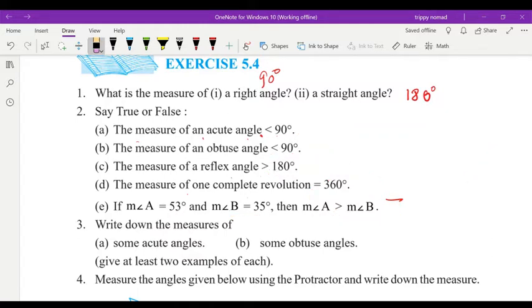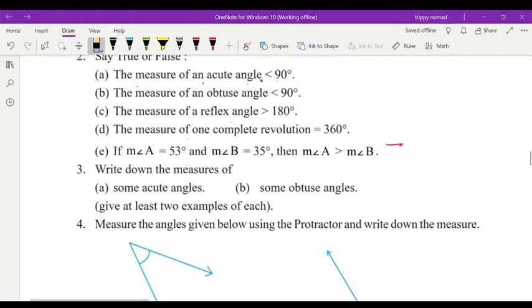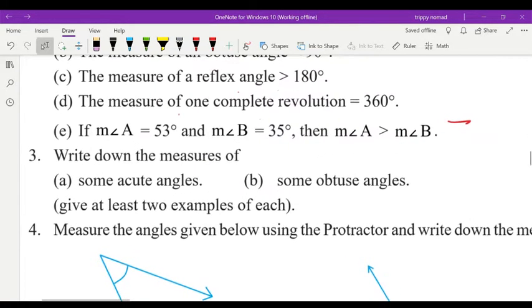Now we are going to start the next question: write down the measure of some acute angles and some obtuse angles. Less than 90 we will write, that will be an acute angle, and an obtuse angle is more than 90 and up to 180. So you can write 60, 30, 45, 75 for acute angles.